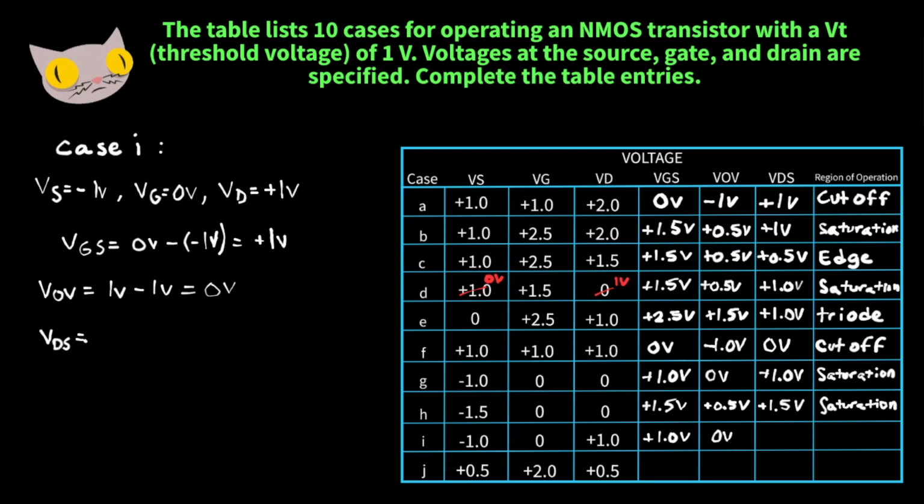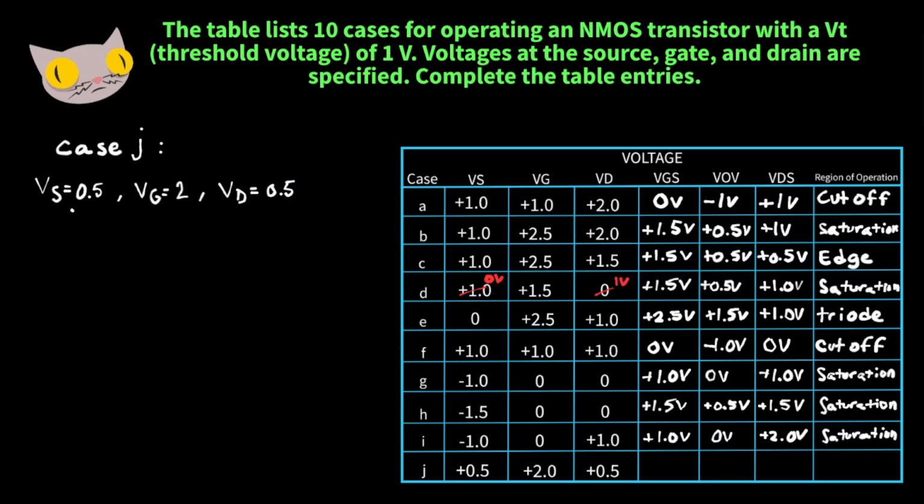And then our drain to source, that's going to be 1 volt minus -1 volt. That's going to give us 2. That's greater than our overdrive voltage. So we're operating in the saturation region again. So there we have case I all filled out. Now on for our last one, case J.